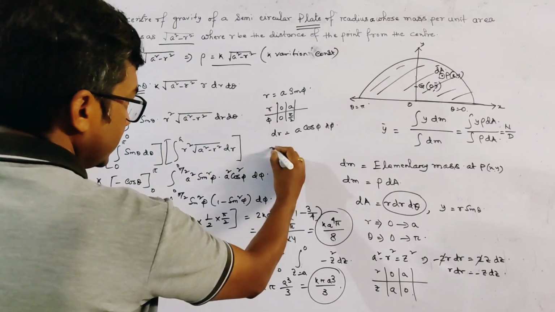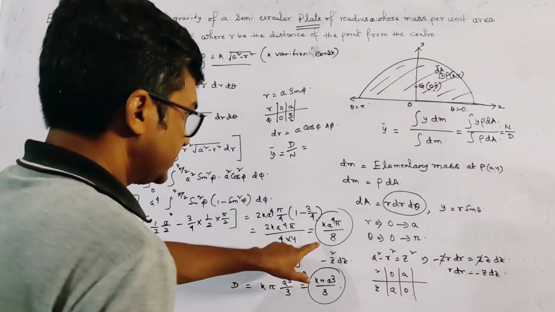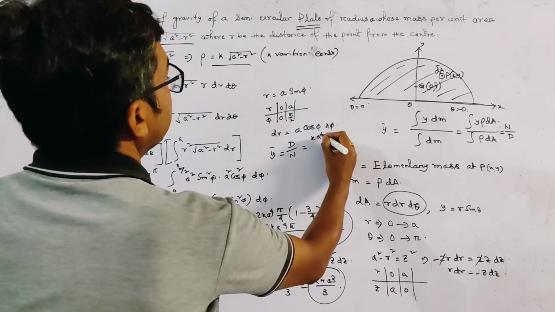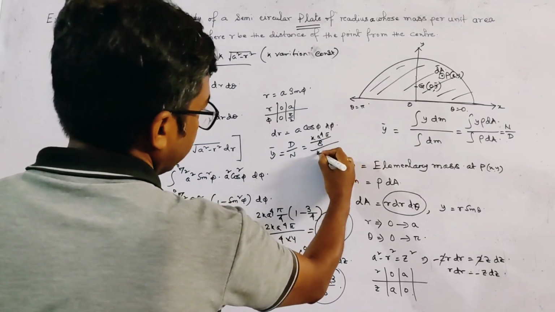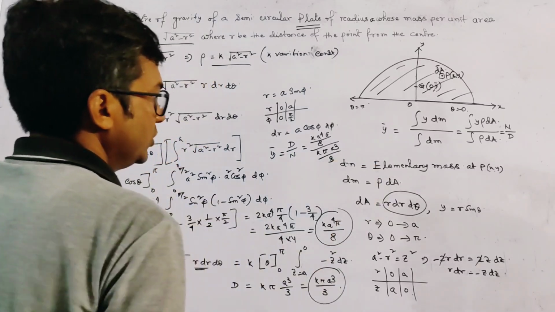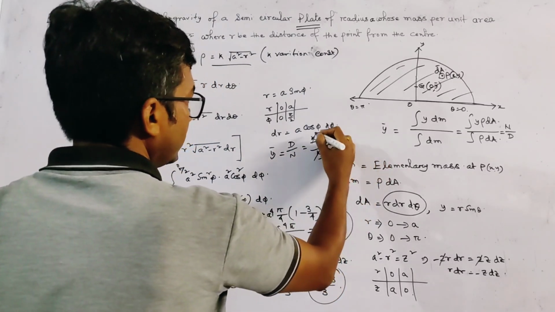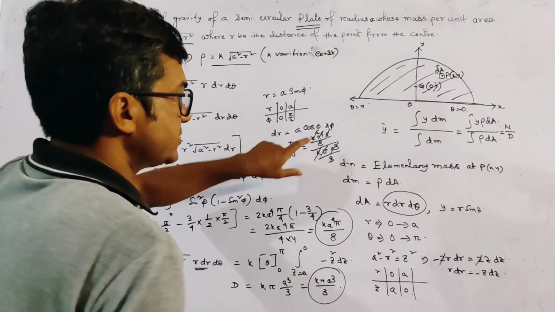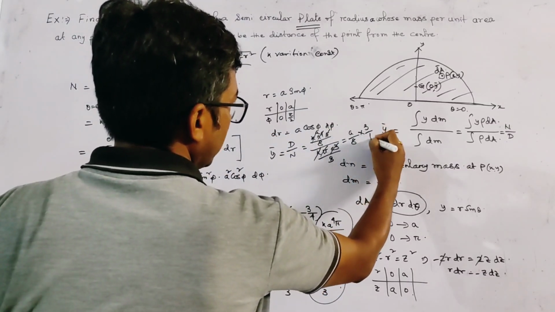So y bar is equal to d by n, and this is k a to the power 4 pi by 8 by k pi a cube by 3. So k cancel out, pi cancel out, a cube, a to the power 4 cancel out, here a remains, and this is a by 8 into 3 by 1.